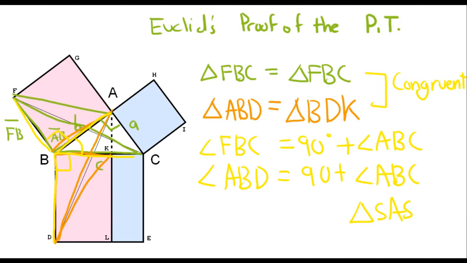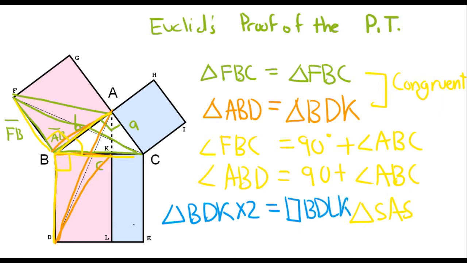And in a similar way, well, let's not get into that yet, and because of that, we can know that triangle BDK times 2 equals the rectangle BDLK, and triangle FBA times 2 equals square FBAG.